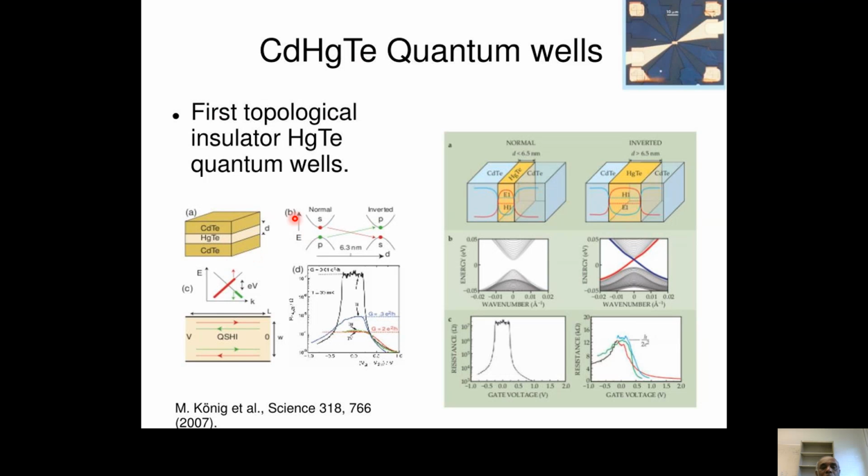So again, you can think of this as band inversion, right? So you have this band at the L point in the Brillouin zone. You can see when you change the thickness of the mercury telluride, they find that band inversion. So you can see this becomes here, P becomes here.